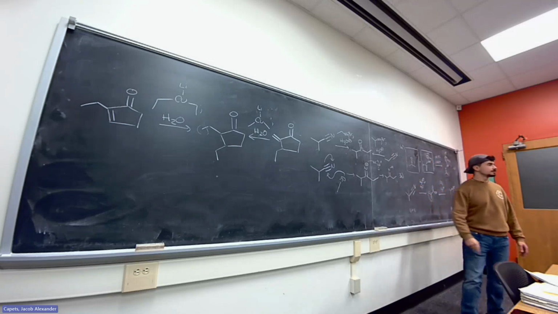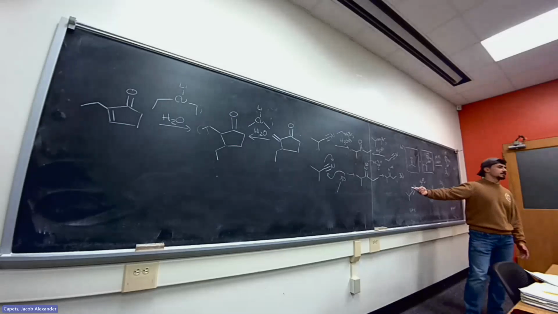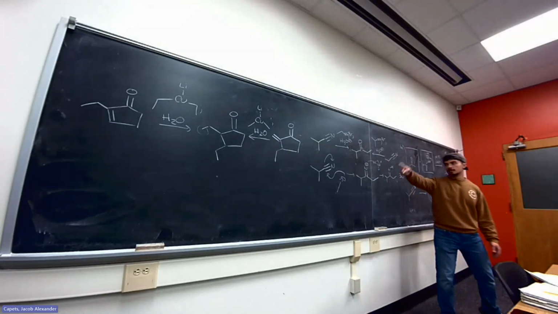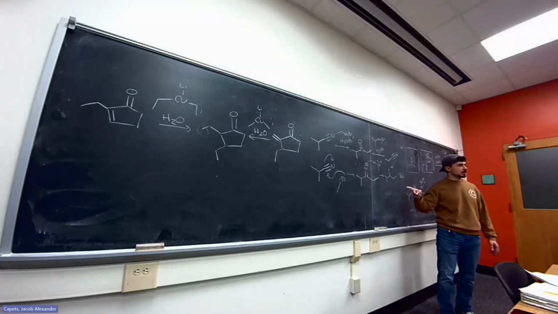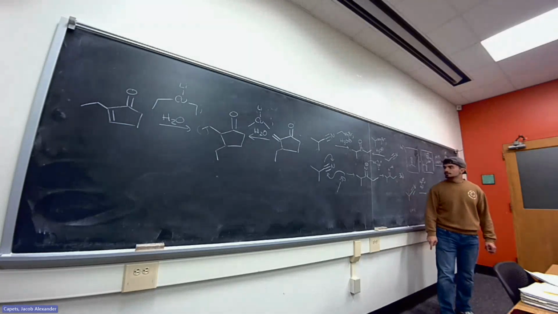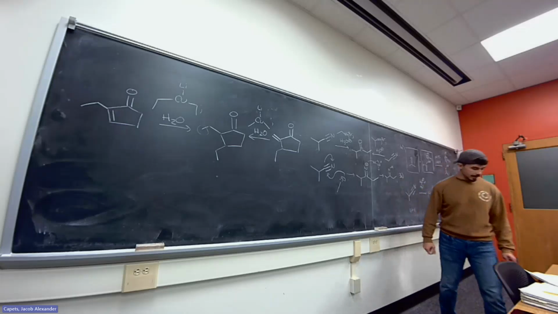We have an imine, and then the next part, the long part, is the imine hydration back to a ketone. But the first part, getting to the imine, is the more relevant part of the mechanism, I guess. Okay.